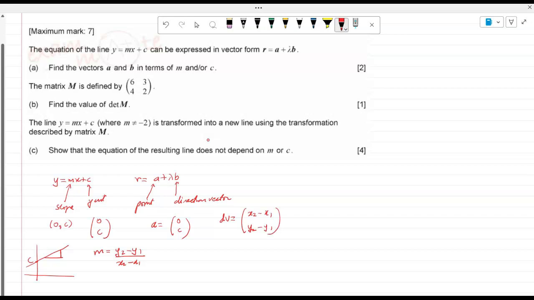Is the change in x and change in y. That's your direction vector. So that means my vector b, can I say 1, m? Because I can say that it's in ratio, the change in x and y, I am ratio 1 to m.